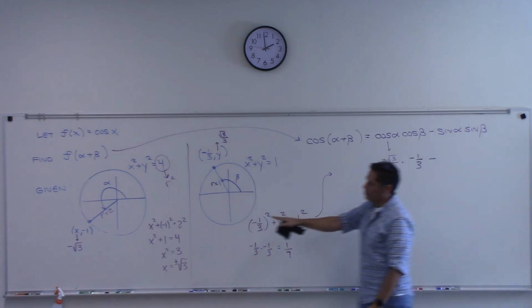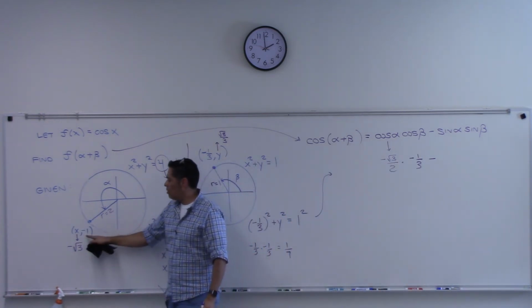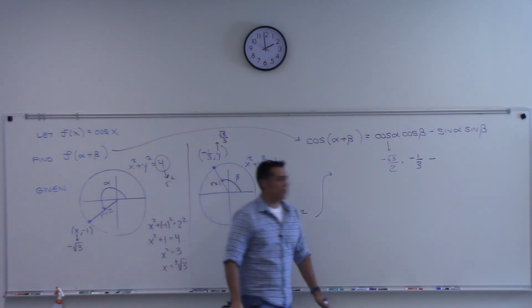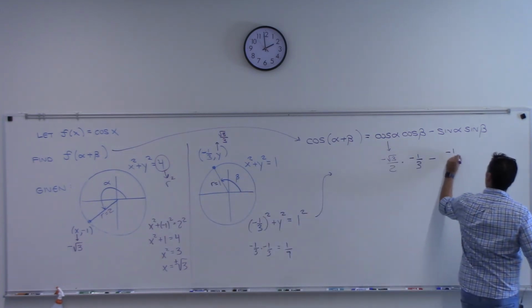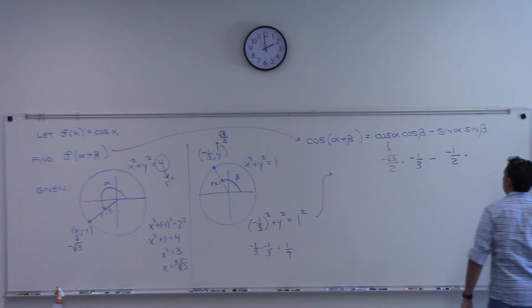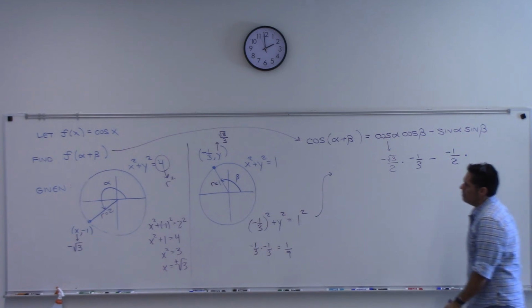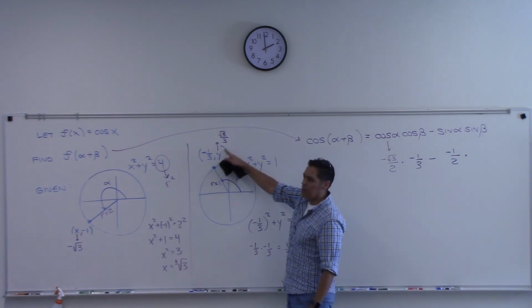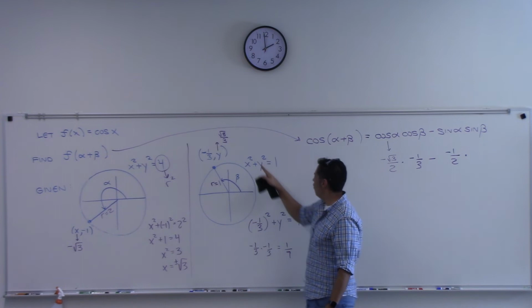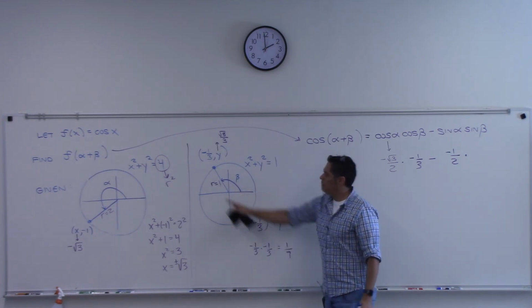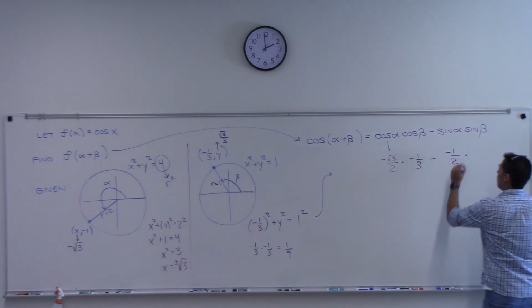So we go back to this picture. Sine of alpha is the y coordinate over r, so negative 1/2, times now sine of beta, that's the y coordinate over r, right? This over 1. So just root 8/3.